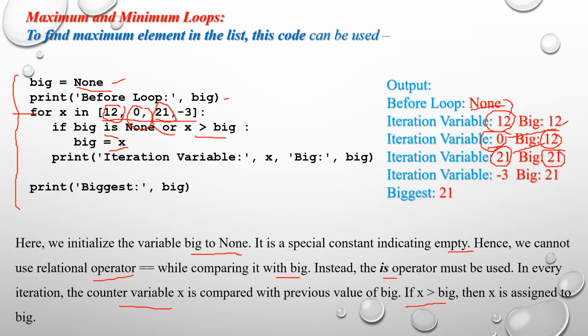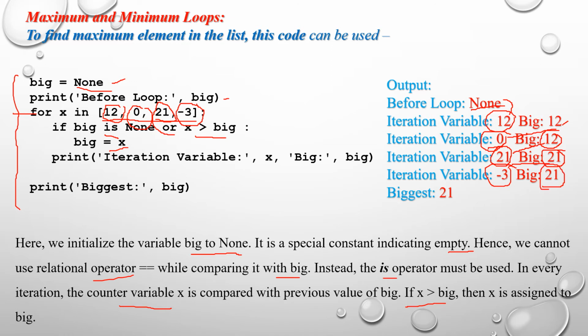In the next iteration, the comparing value is -3. So -3 is compared with the previous accumulated value, which is 21. After comparing, the interpreter is going to print the bigger value. The bigger value is 21.